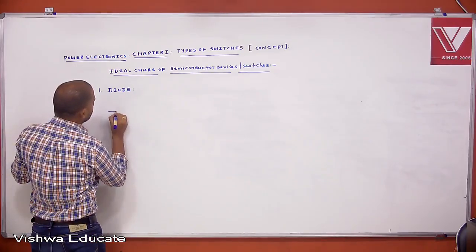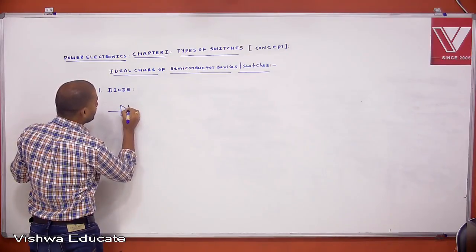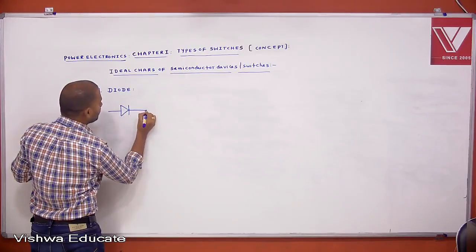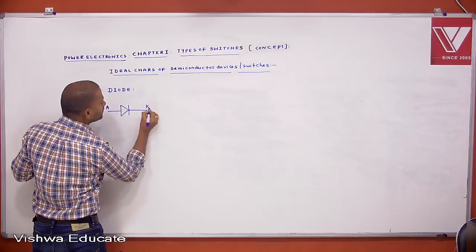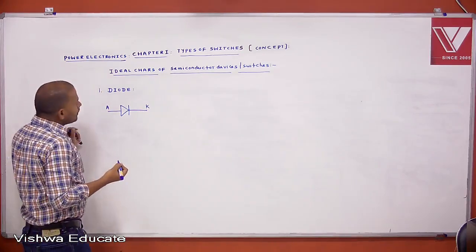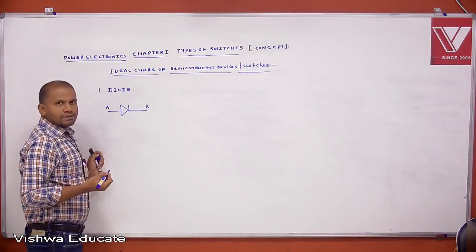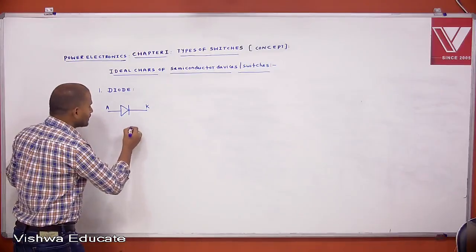This diode has an anode and a cathode. In drawing the ideal characteristics, we are drawing the VI characteristics.